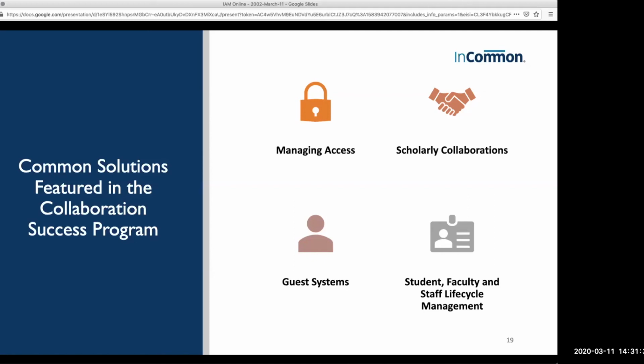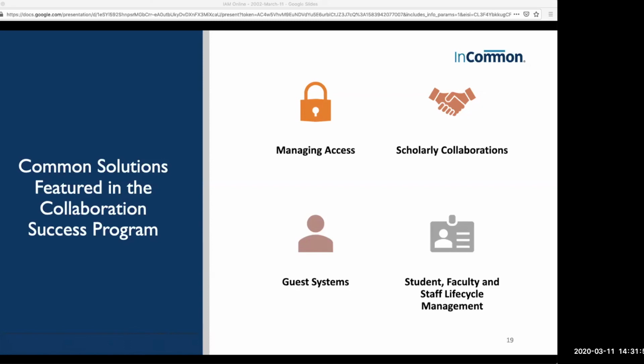So managing access is a lot of the stuff that Grouper is helping with, and then provisioning solutions like Midpoint also help getting that information out to where it needs to take effect. At least 2, if not 3, of the campuses are working on adding guest systems support or better guest system support.